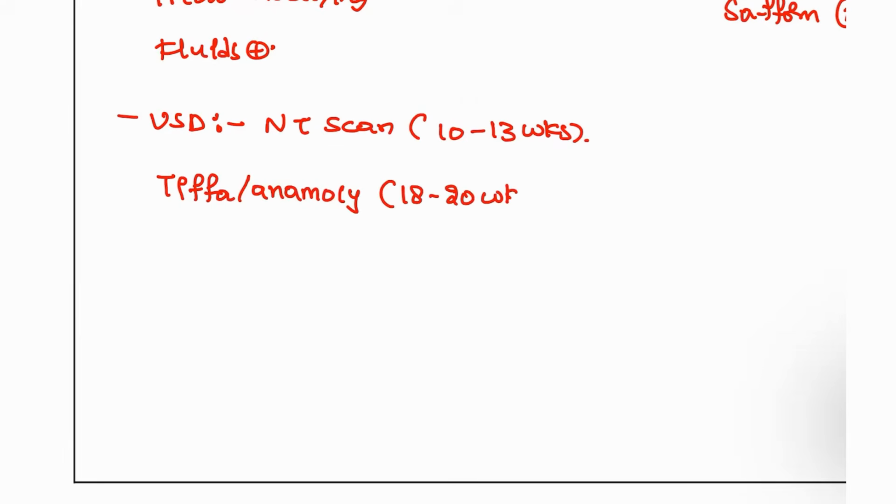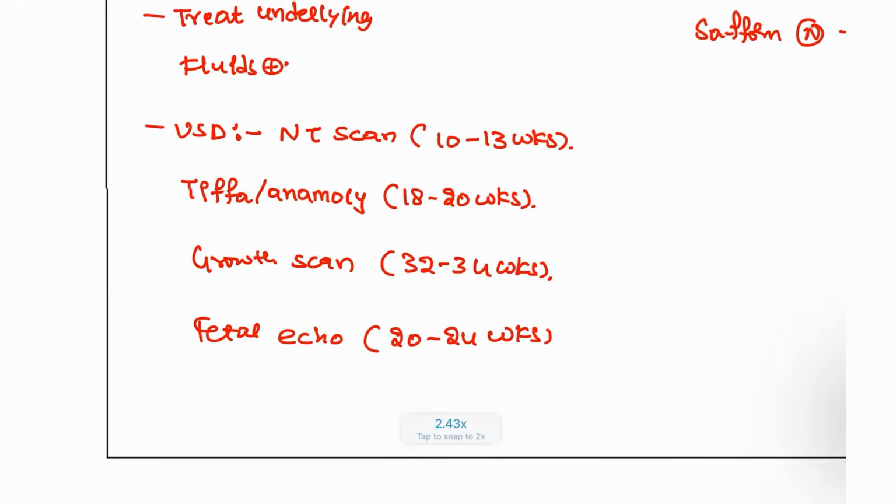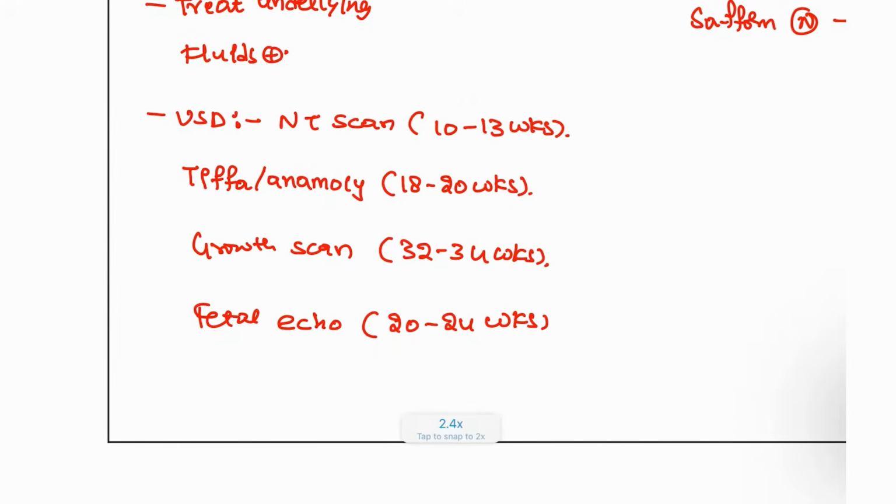Growth scan can be done around 32 to 34 weeks. Next, fetal echo, which can also be asked in the examination, is done around 20 to 24 weeks. These are the times to go for scanning for patients, associated with anti-TIFFA, growth and others.